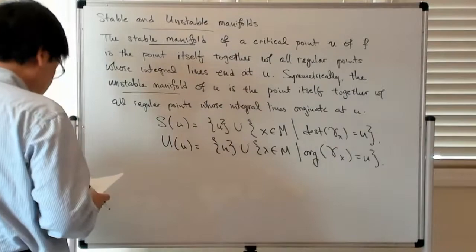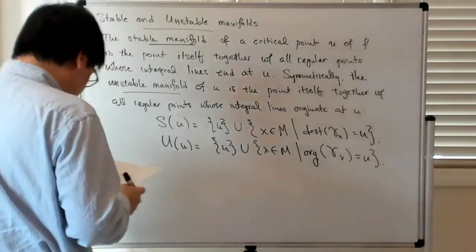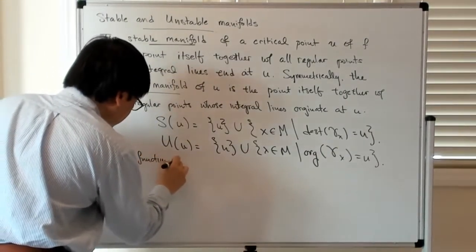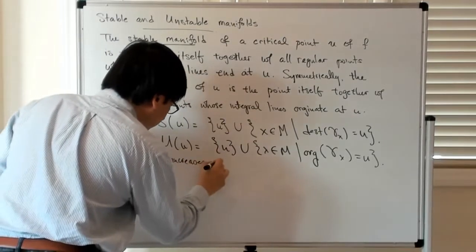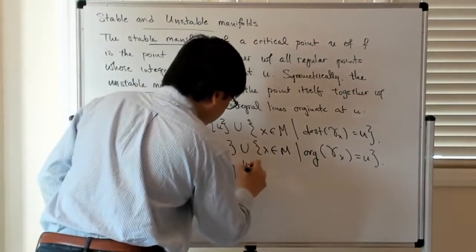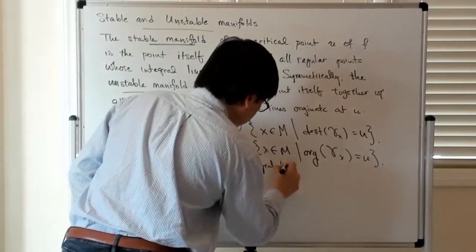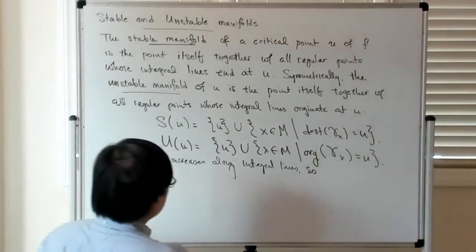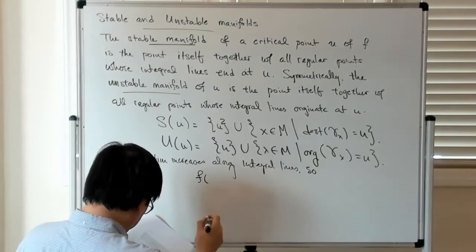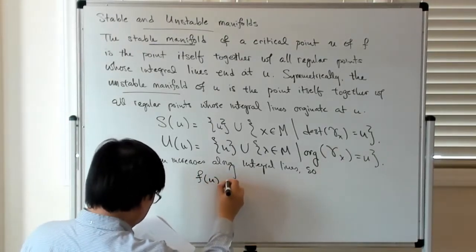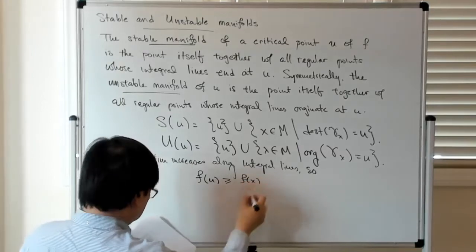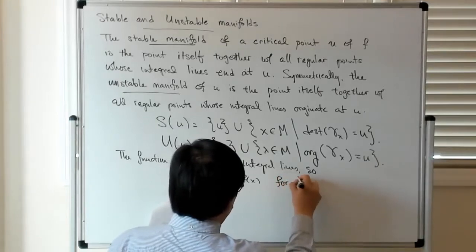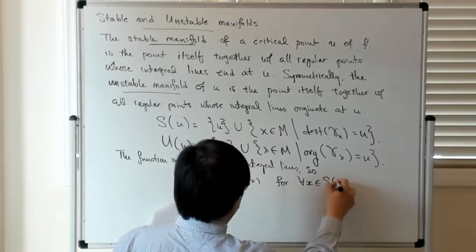Okay, so as before, the function increases along integral lines. So that means that f of u is going to be greater than or equal to f of x for all x which are in the stable manifold of u.